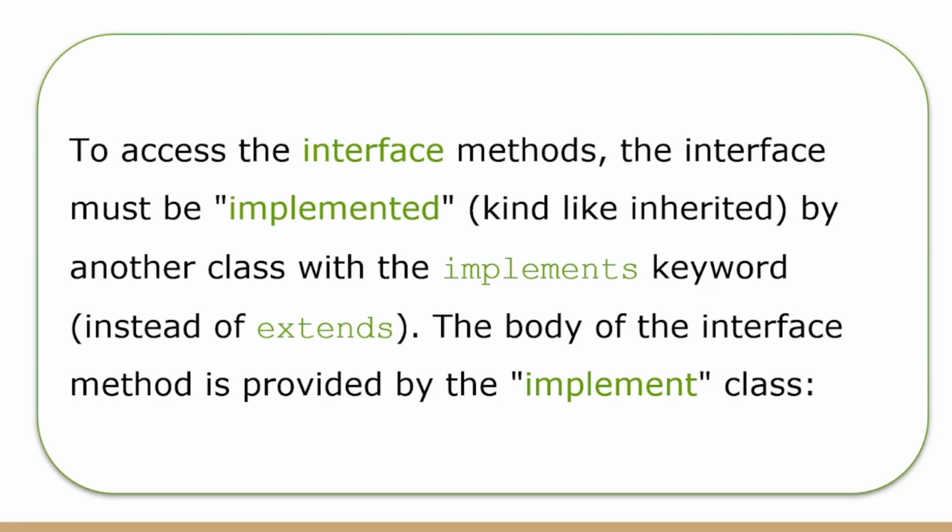A class uses the implements keyword to use an interface. If an interface wants to use another interface, it uses extends. If a single one is coming, just extend. If multiple are coming, implement. People also ask when we should use the implements keyword and when the extends keyword, so keep this minor detail in your mind.